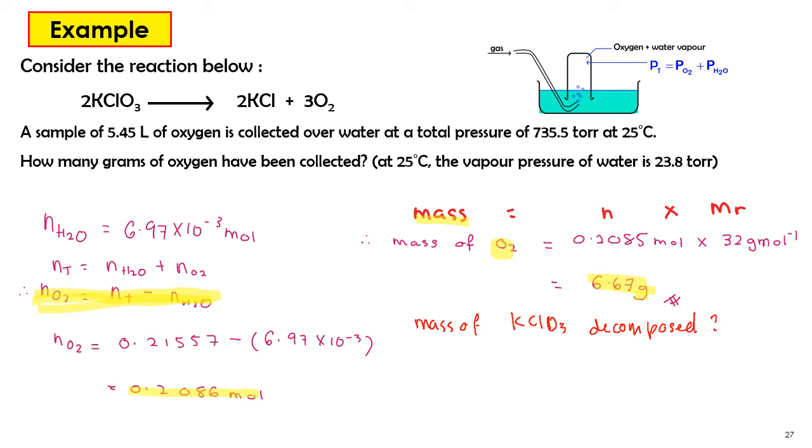From the equation you can see 2 mole of KClO3 gives you 3 mole of oxygen gas. So if you have 0.2086 mole of oxygen here, how many moles of KClO3? So do cross multiplication.